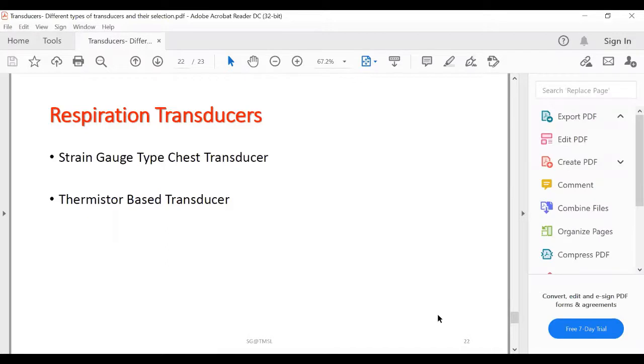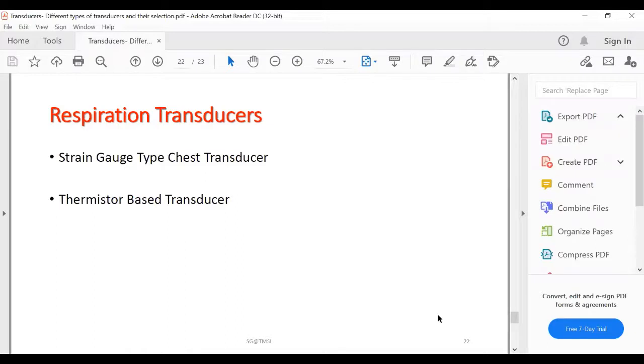An elastic band holds this transducer around our chest, and the respiratory movements result in resistance changes of the strain gauge element, which is connected as one arm of a Wheatstone bridge circuit. The output voltage of that bridge varies with the chest expansion, which gives signals corresponding to the respiratory activity of the subject.